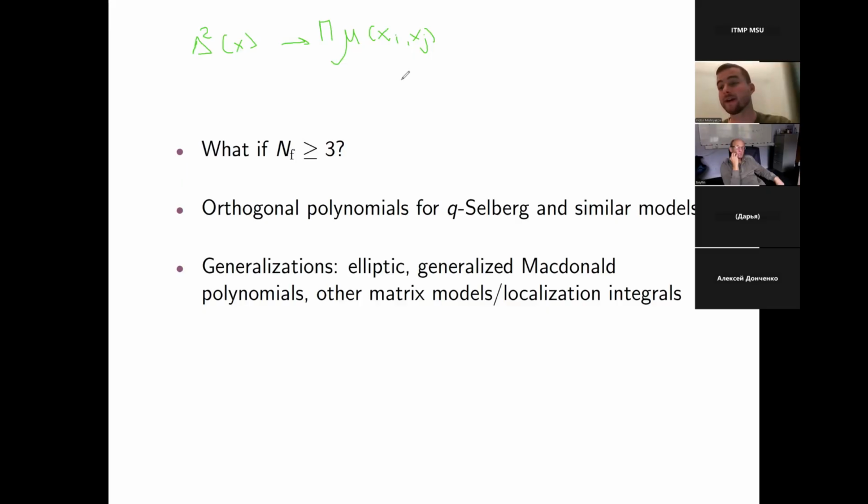And indeed, in principle, going from van der Monde to this Qt van der Monde is already making this function more complicated. But I agree that those functions that appear in N equals 2 models, I think, are expressed through some Barnes G functions, and so these are indeed a bit more complicated in that regard than the Qt van der Monde.